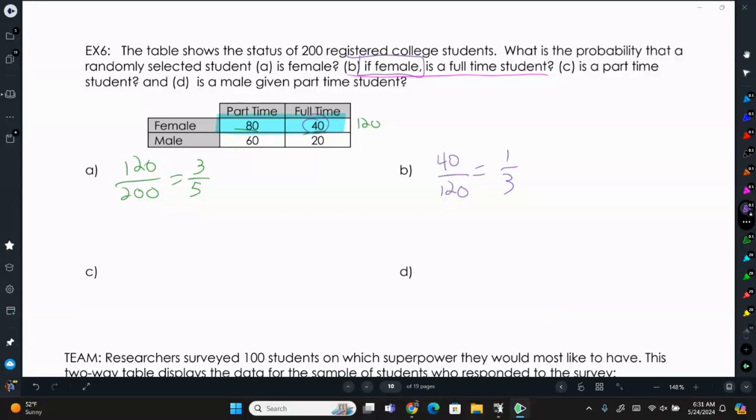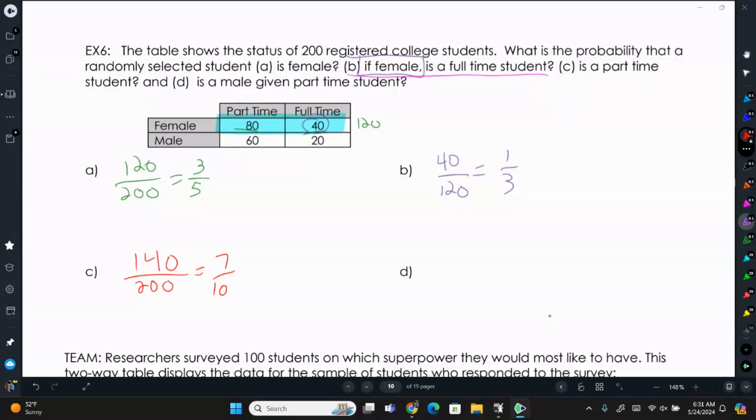Then letter C just says is a part-time student. There is no condition to it. So part-time students, we have 80 plus 60, which is 140 over 200. And that will reduce down to 7 over 10. And then letter D, it says is a male given that they're part-time.